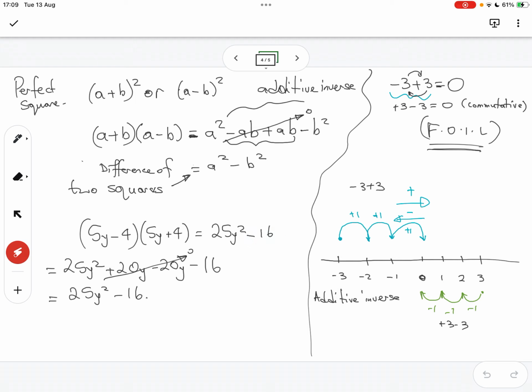I wanted to go back to that discussion so that we can understand better. The product is called the difference of two squares. Both terms are squares, and there is a minus sign between them.